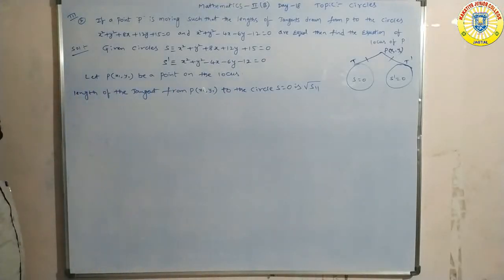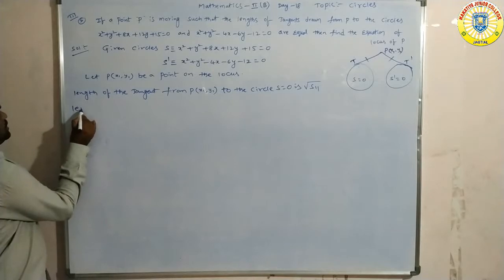Length of the tangent from P of x1 comma y1 to the circle S is equal to 0 is under root of s11.